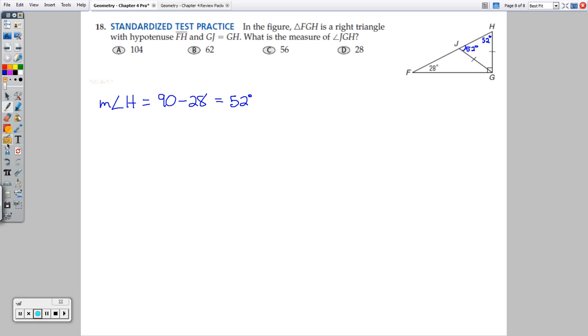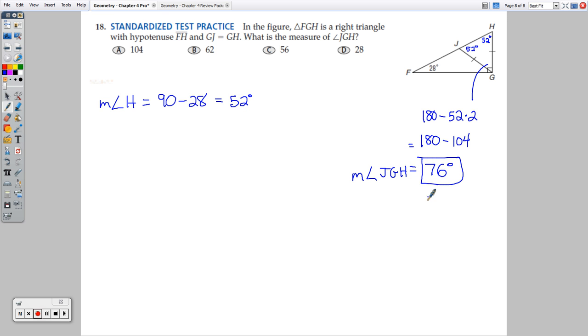This triangle is isosceles. That means that angle has to be the same thing. JGH, then what's left over for that? That's 180 minus 52 times 2. That's 180 minus 104. And that would be what I'm looking for. The measure of angle JGH is going to be 76 degrees.